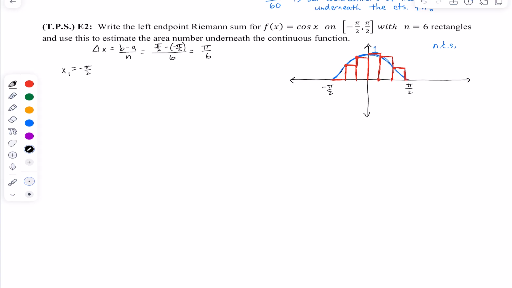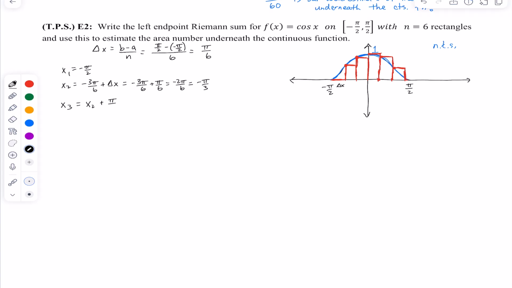To get to our next endpoint, we simply add delta x. And we do this in a systematic manner.